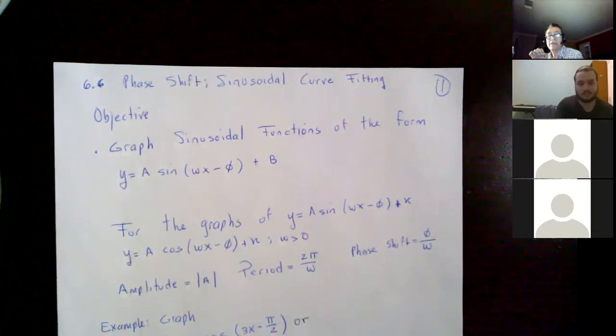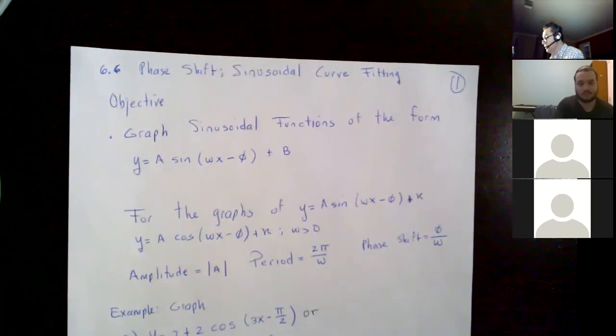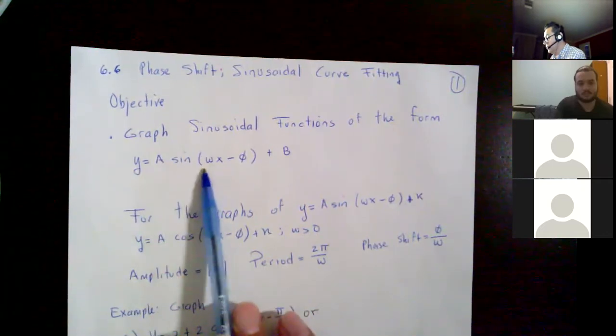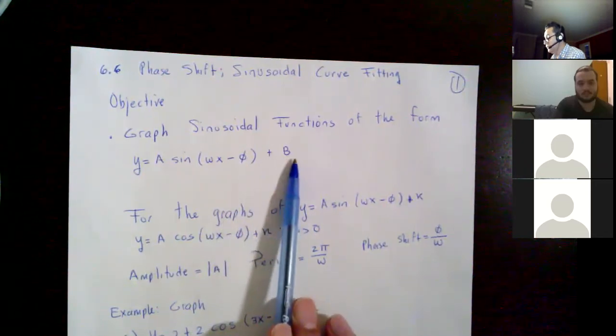Sinusoidal curve fitting. The objective is to graph sinusoidal functions of the form y equals a sine of omega x minus phi plus b.